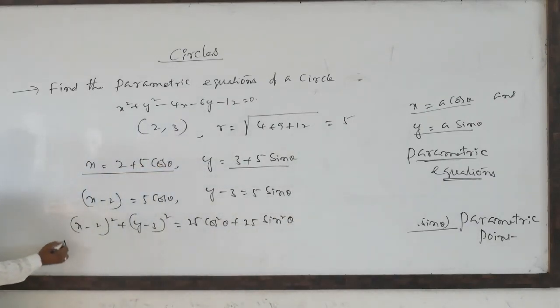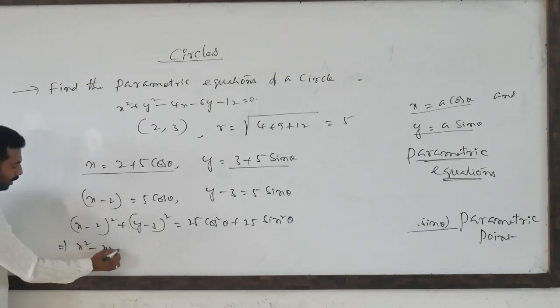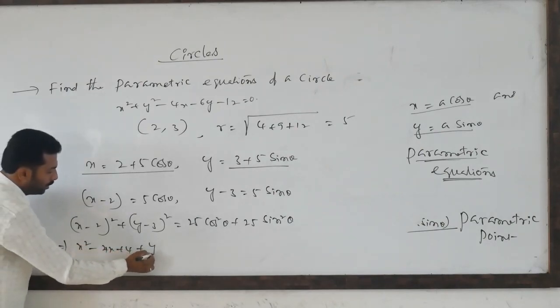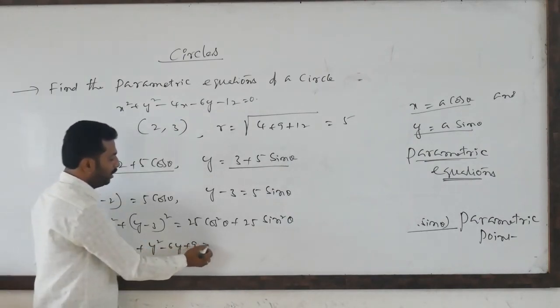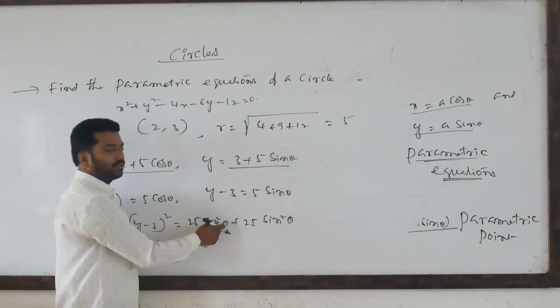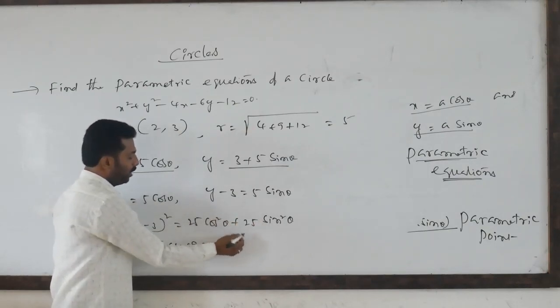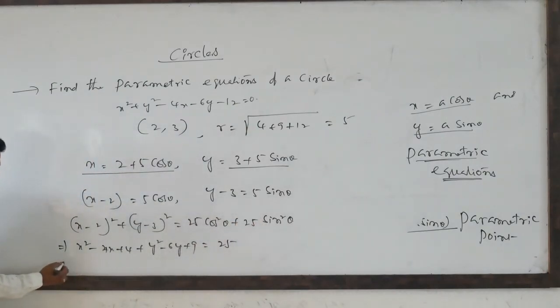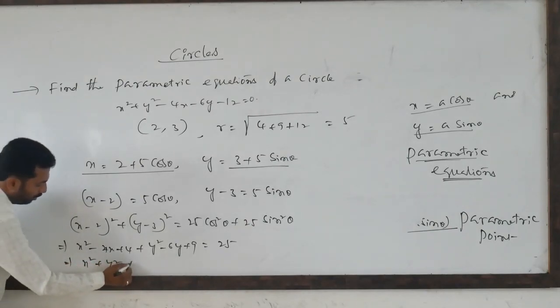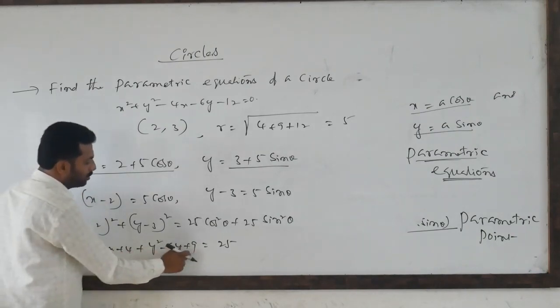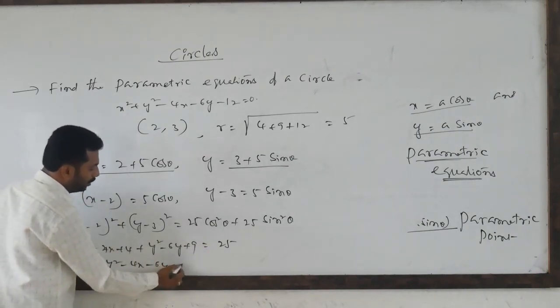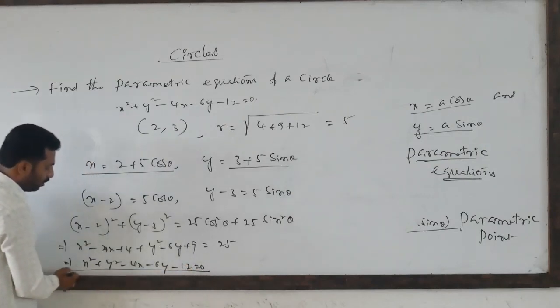If you want, you can simplify: x square minus 4x plus 4, plus y square minus 6y plus 9 equals 25 times cos square theta plus sin square theta, which is 25. So we can write x square plus y square minus 4x minus 6y, 9 plus 4 is 13, minus 25 is minus 12, equal to 0.